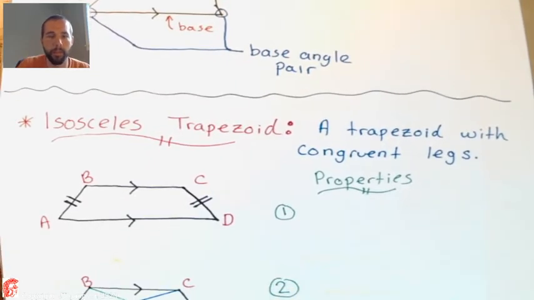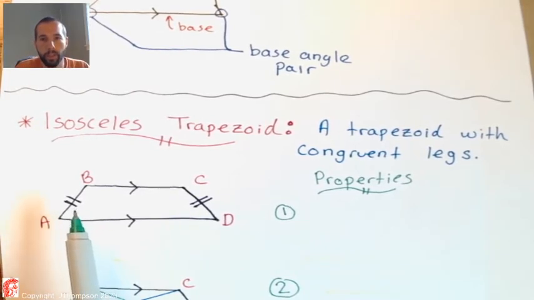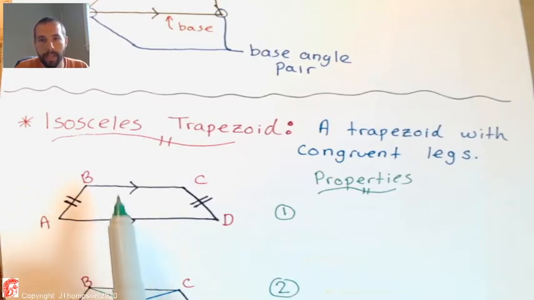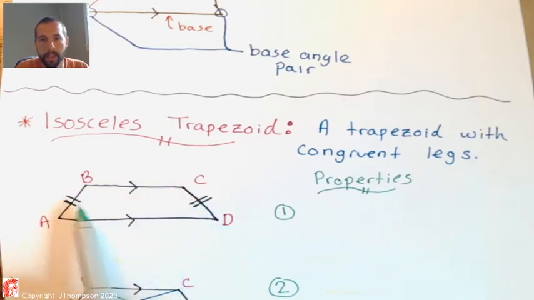Now this one has a couple of special properties that we'll talk about. An isosceles trapezoid is a trapezoid with congruent legs. So in this trapezoid, BC and AD are the bases, and then AB and CD are the legs. Since it's isosceles, those two legs are congruent to each other.